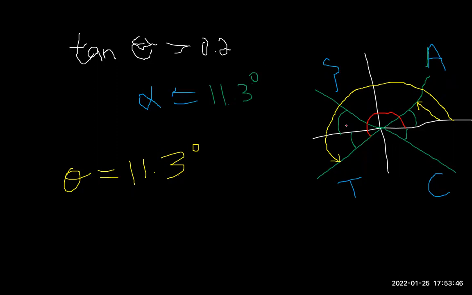So how exactly do we find this red angle? Does anybody have any idea how we could find the value of this red angle? It would be 191.3 degrees. Anybody agree or disagree with that?